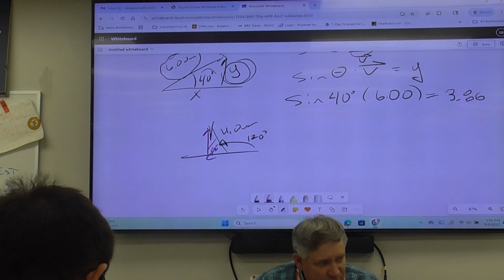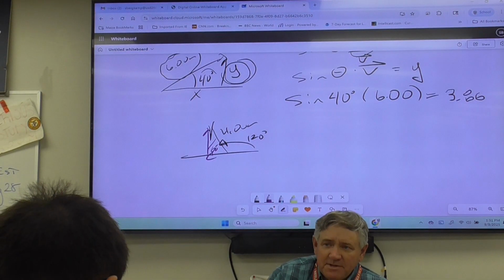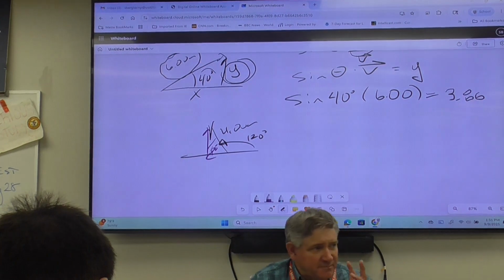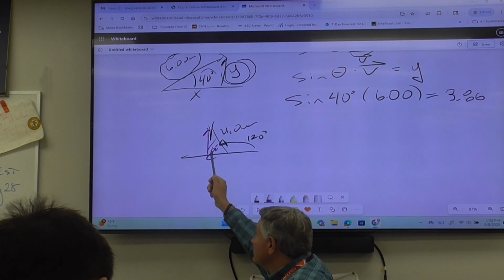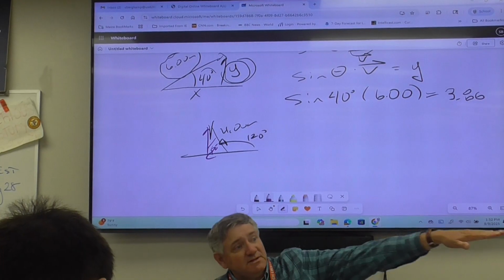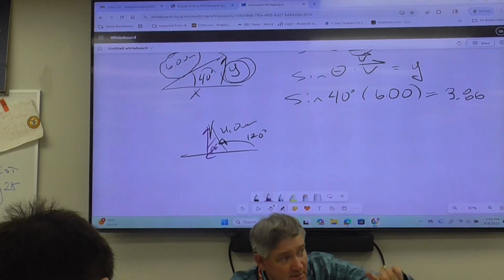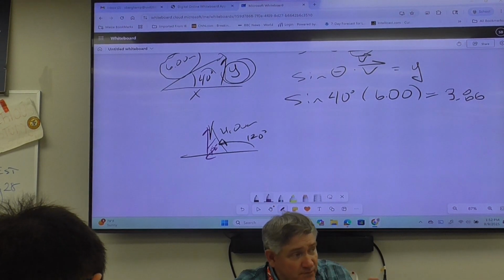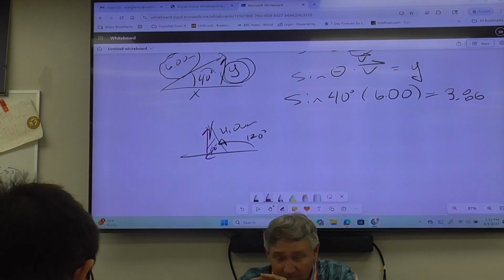Your calculators will handle 120 degrees. But you have to be careful in terms of making sure that you do have the correct sign. Since this is in the second quadrant, what's going to be the sign of your x component? Negative. Your y component is going to be positive.